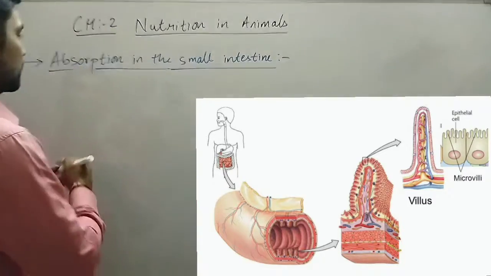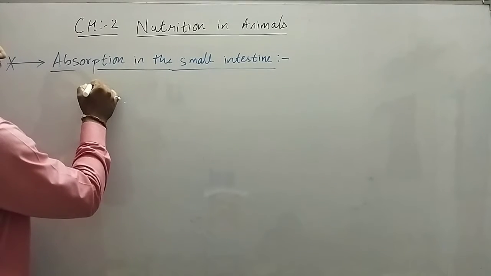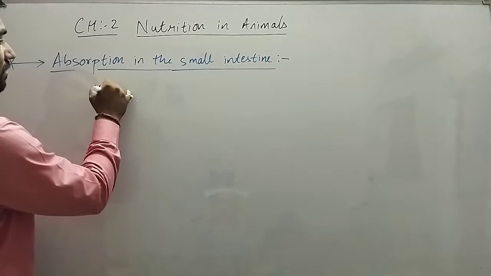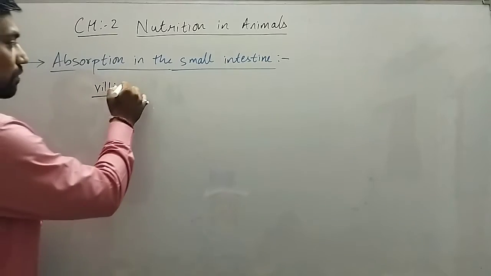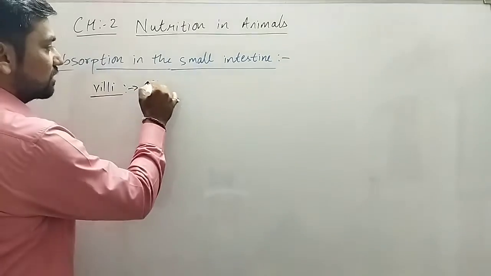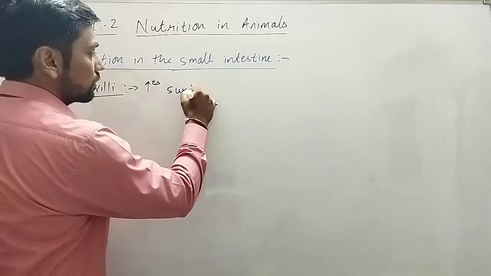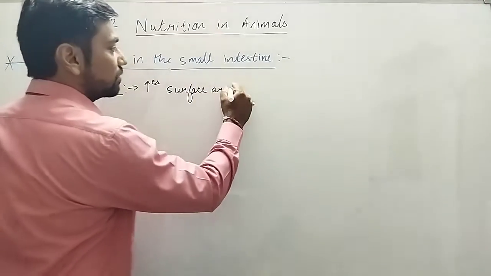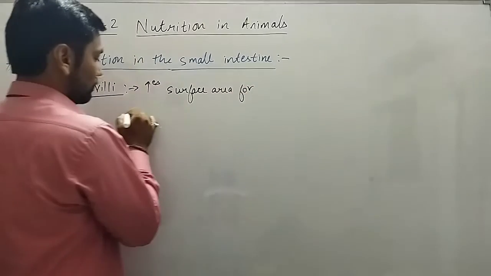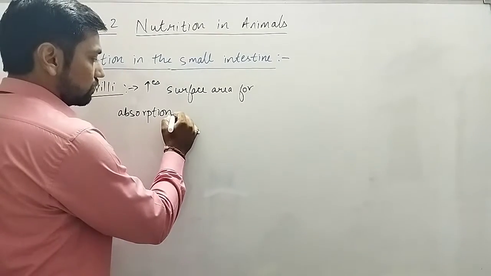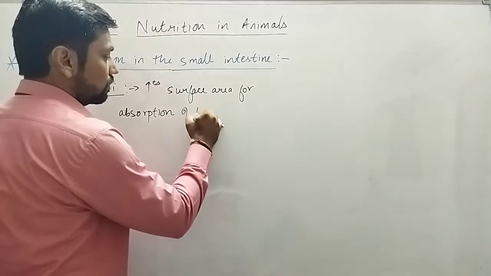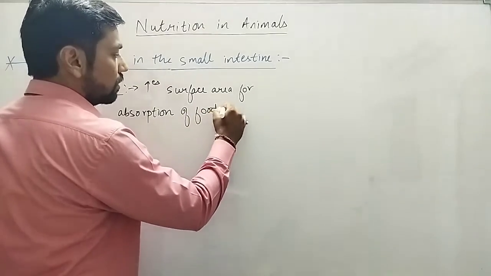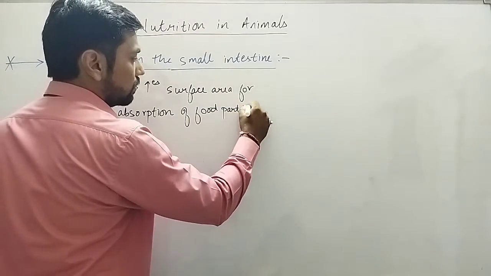So what we have understood is that in the small intestine there are villi. What do they do? They increase the surface area for absorption of food particles.